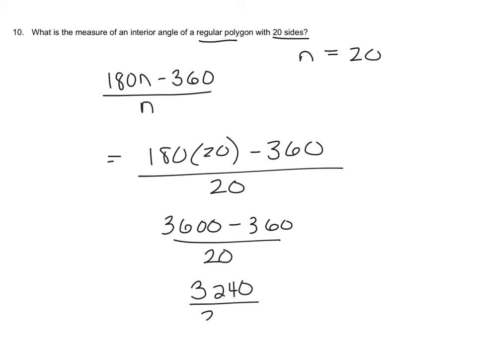Lastly, we'll divide by 20, and we get 162 degrees. Therefore, each angle of a regular polygon with 20 sides measures 162 degrees.